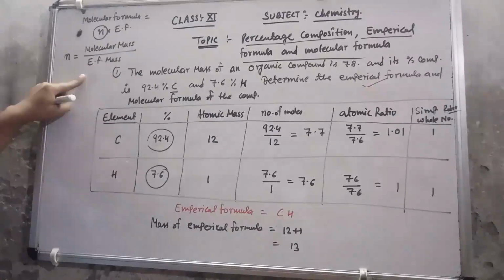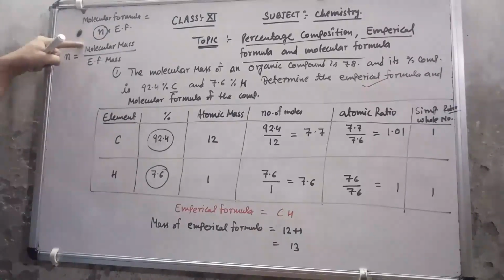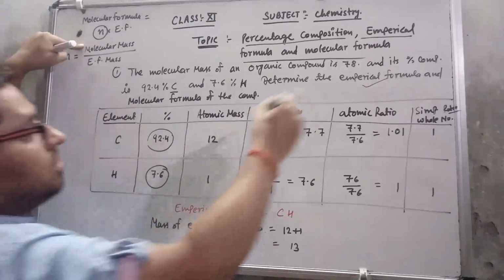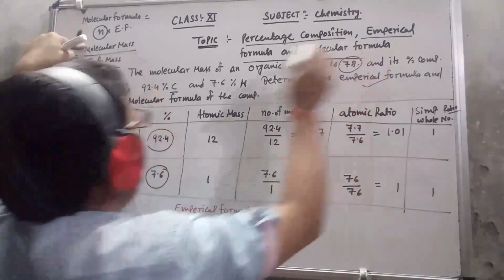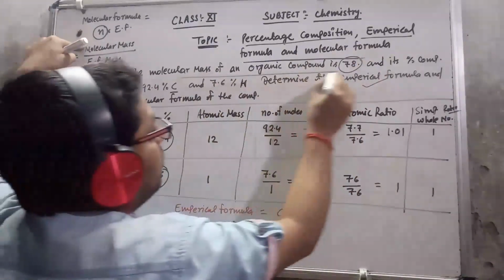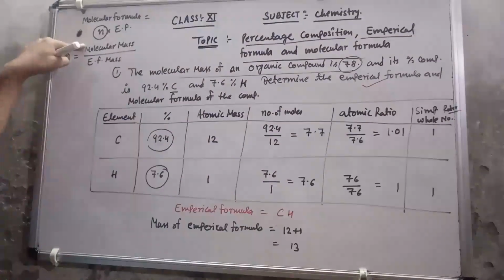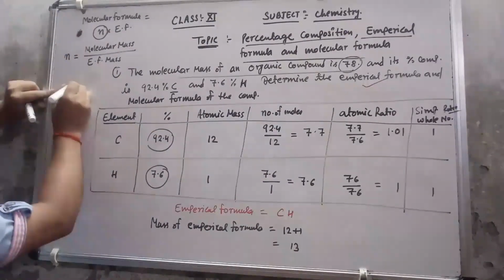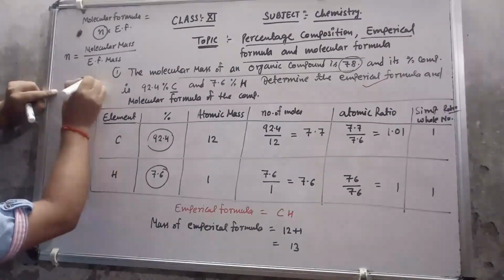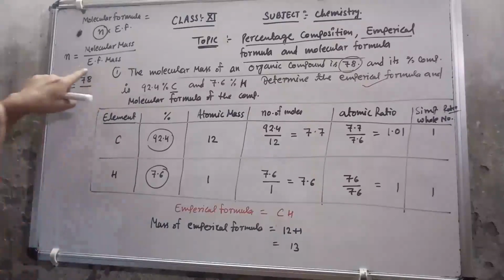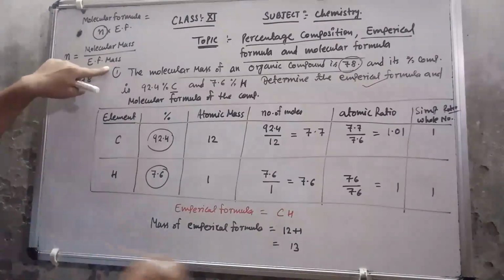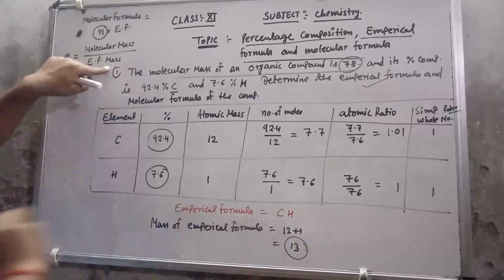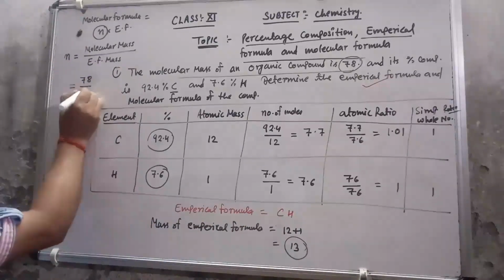The molecular mass is given in the question, the molecular mass of the organic compound is 78. So this is 78 upon the empirical formula mass, which we found as 13.